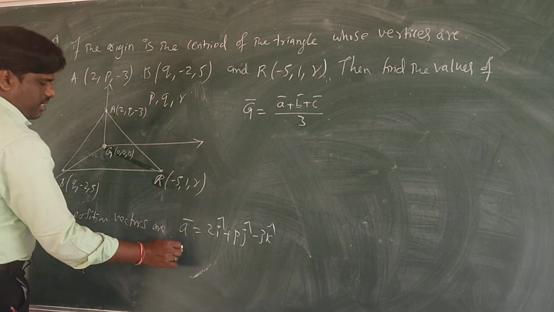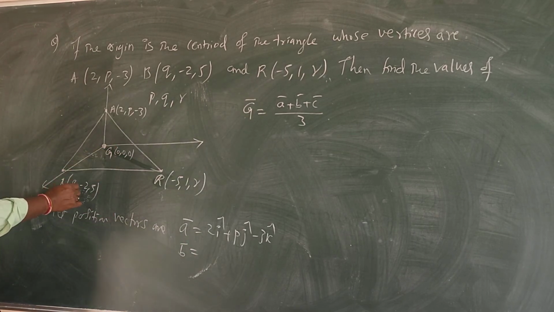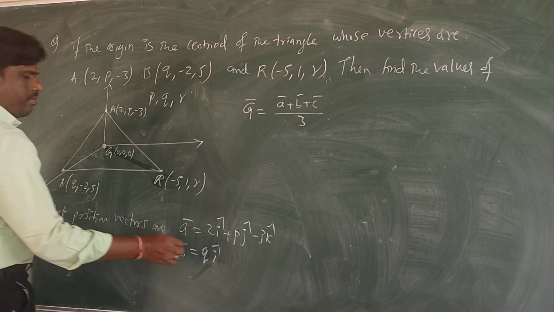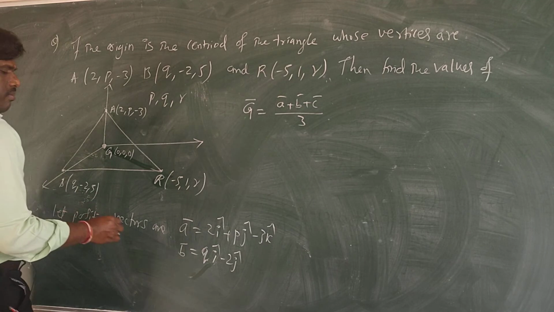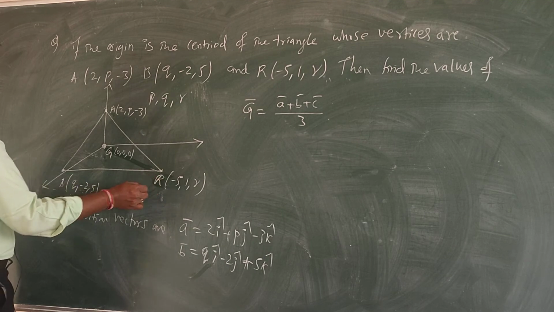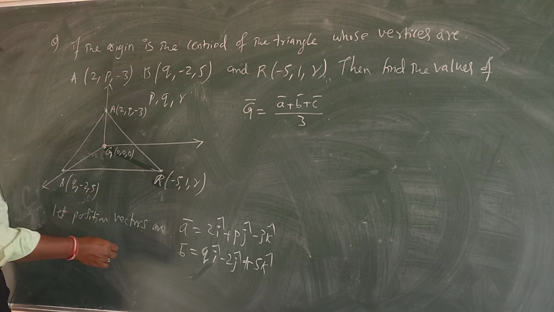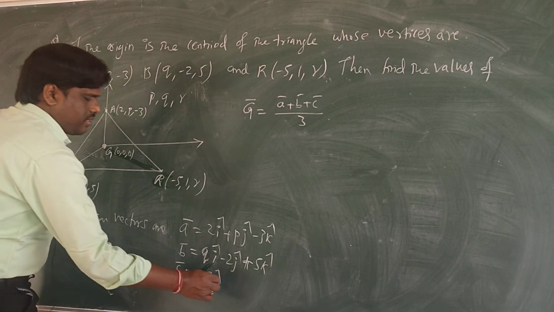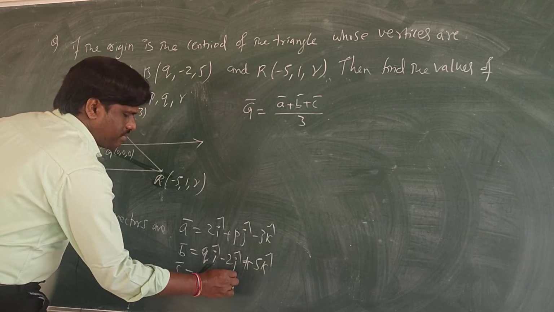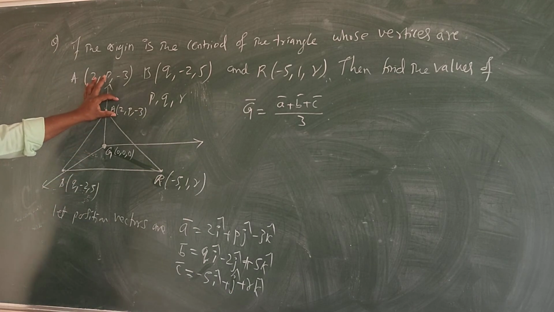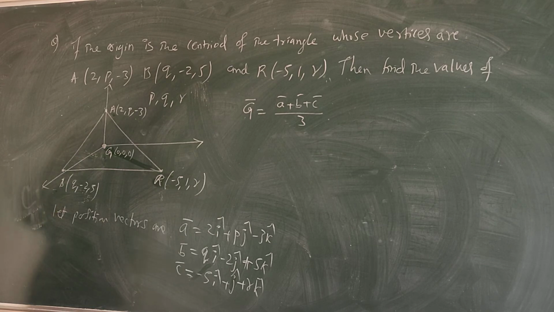The position vector of B is qi cap minus 2j cap plus 5k cap. And C is, we take, the C vector equal to minus 5i cap plus 1j cap plus rk cap. So I wrote the position vectors of these points from the origin.